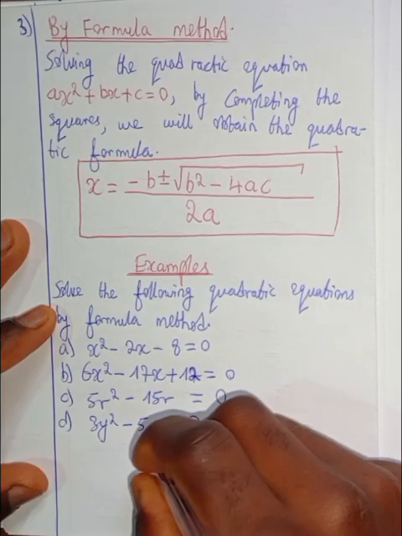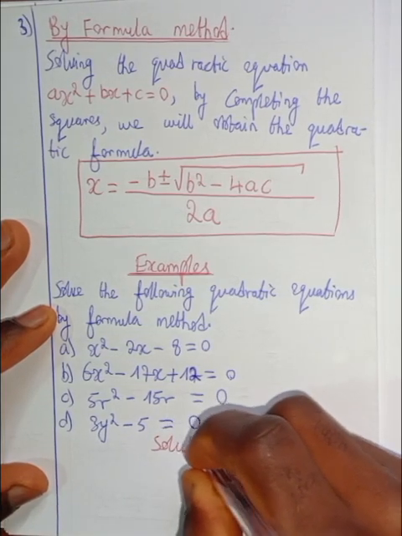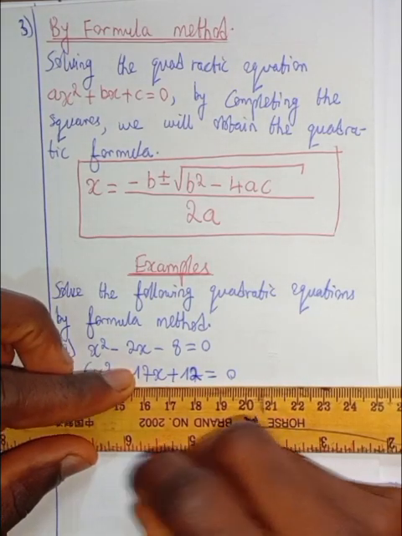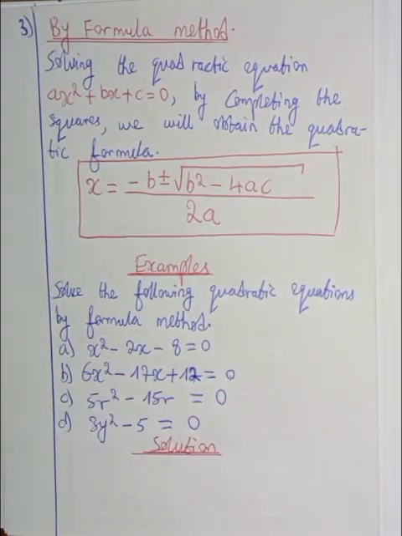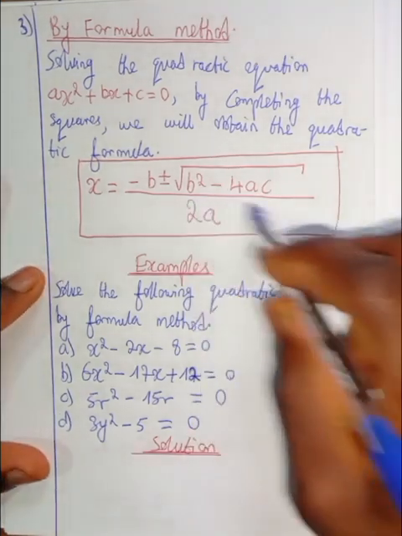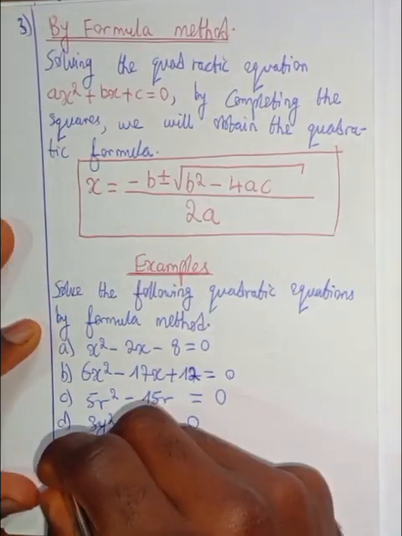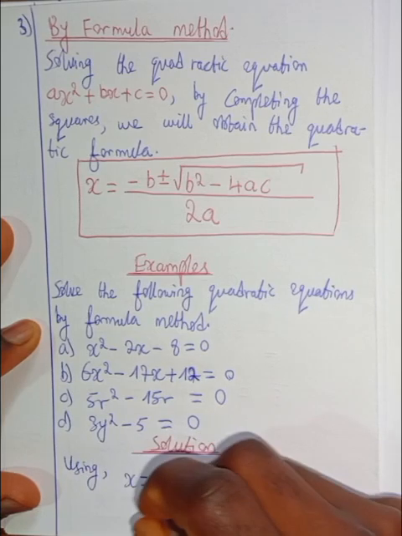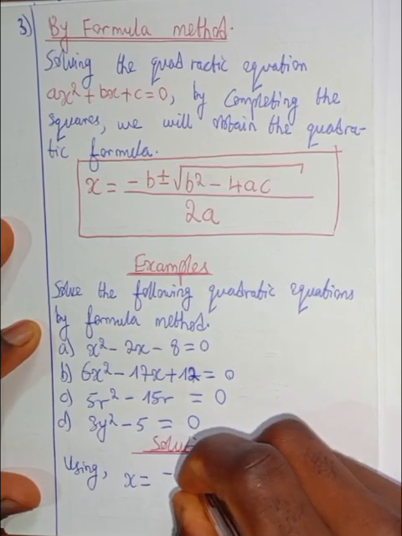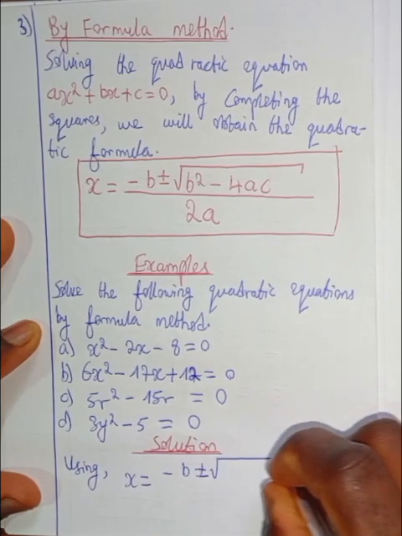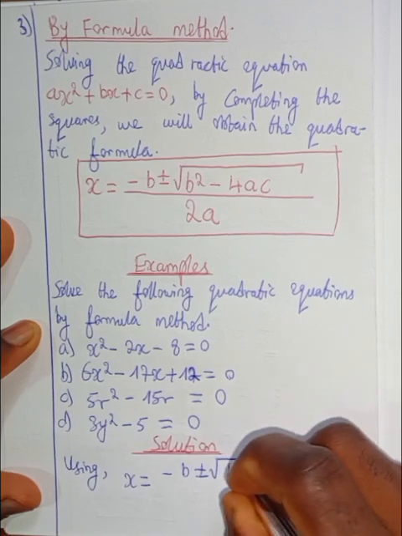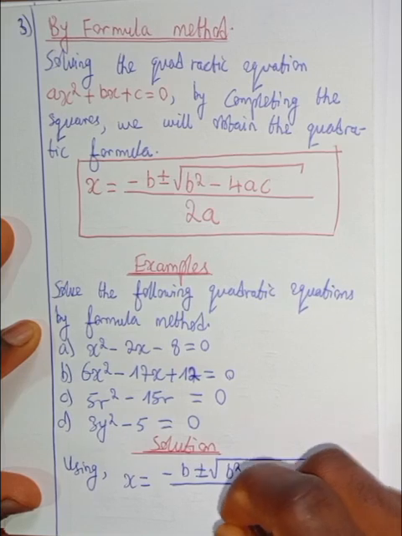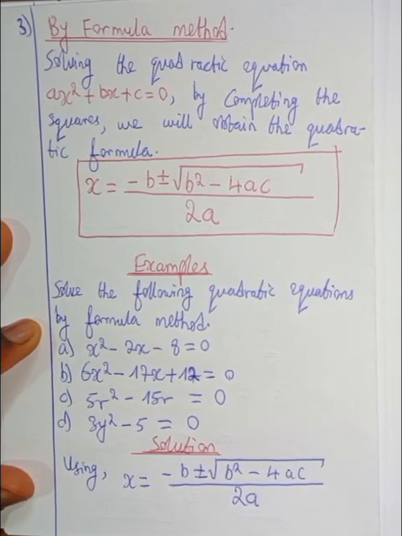We take solution. We are going to make use of this our formula. So we are going to write x equal to negative b plus or minus the square root of b squared minus 4ac all over 2a.